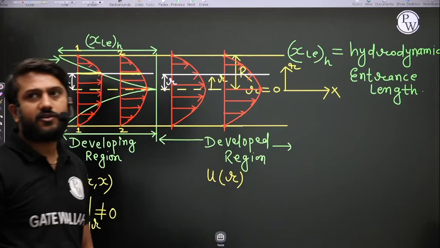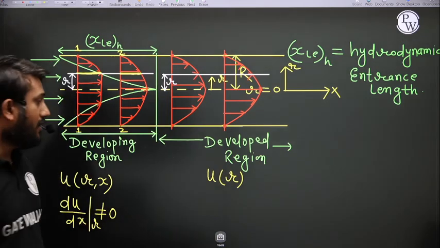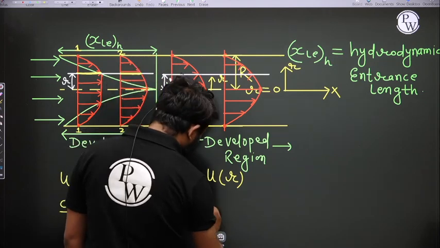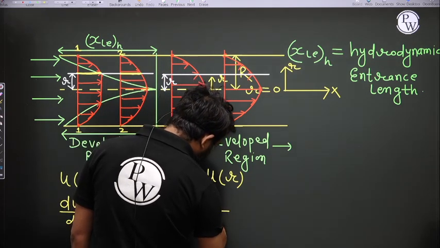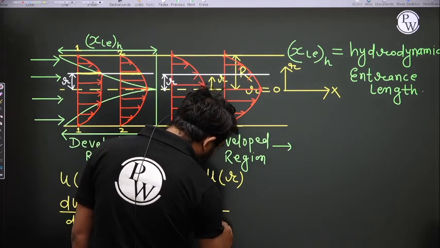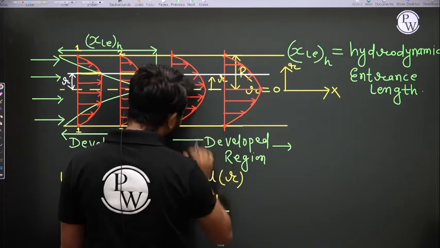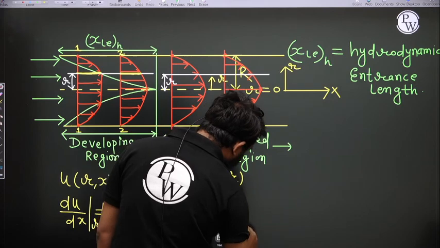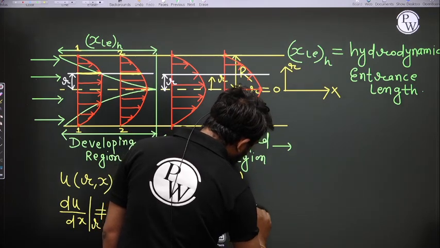U is not a function of x. So if you fix a particular radial distance, the change of u with respect to x at a particular r is equal to 0.